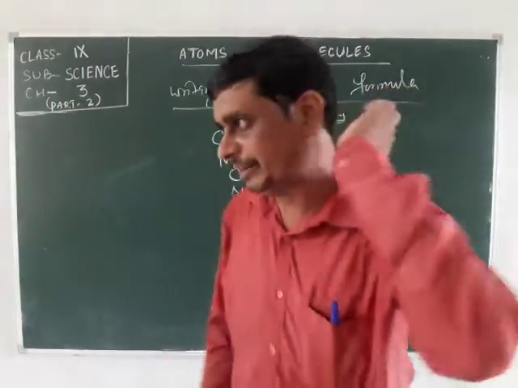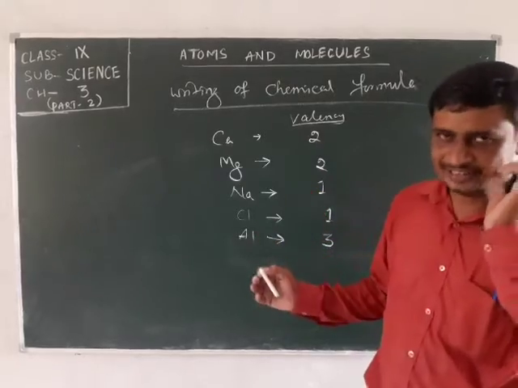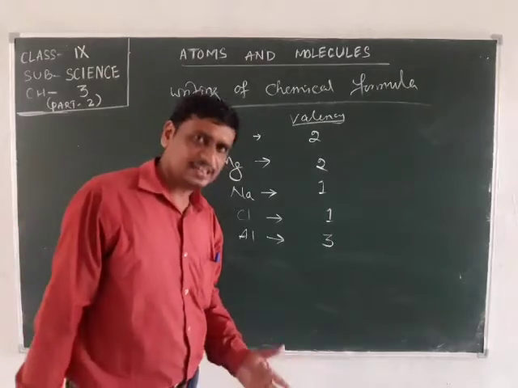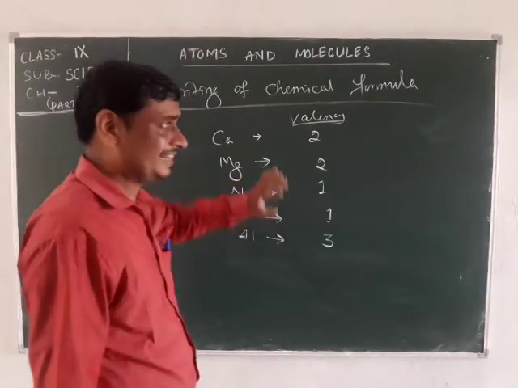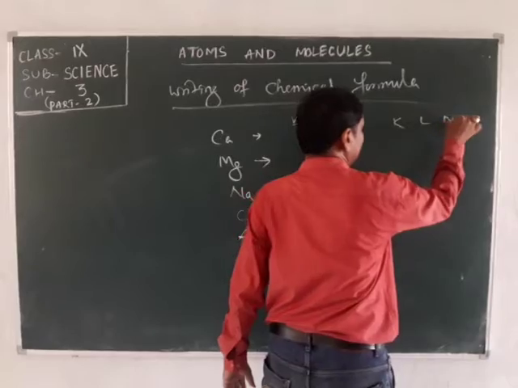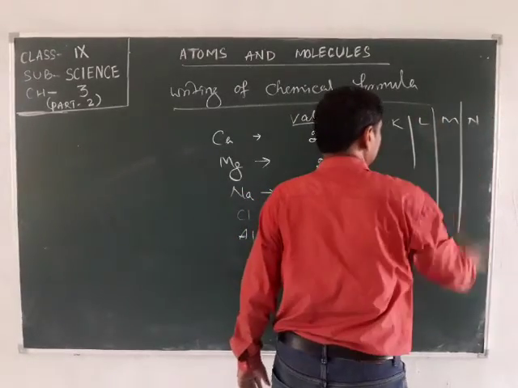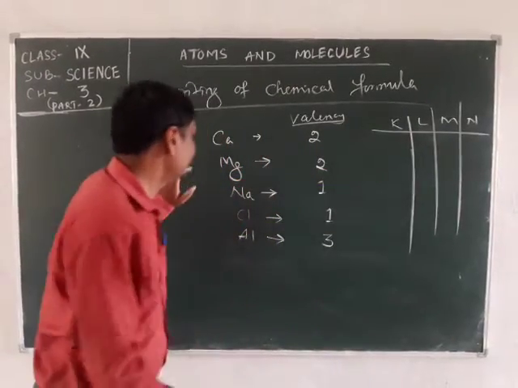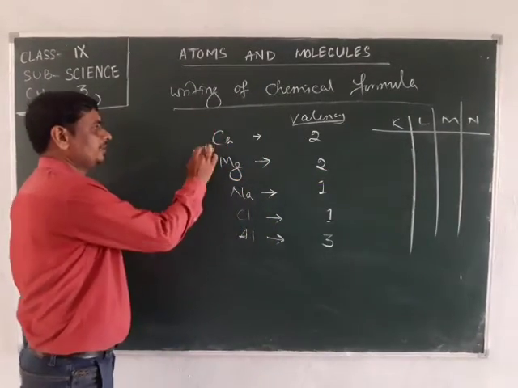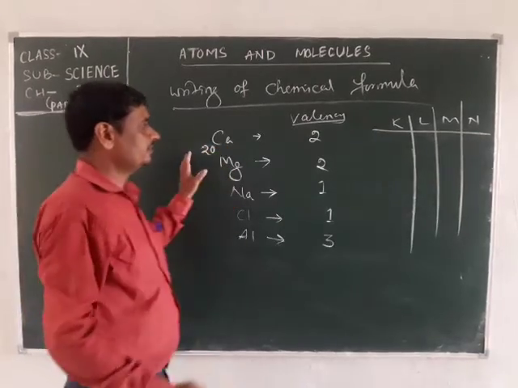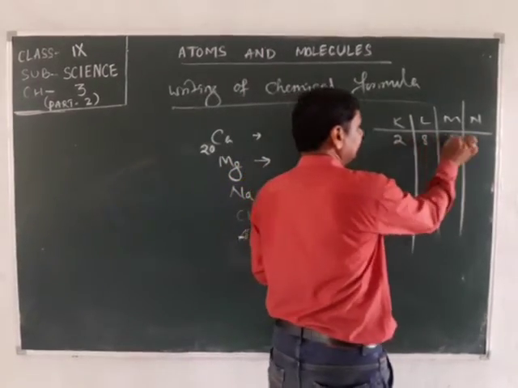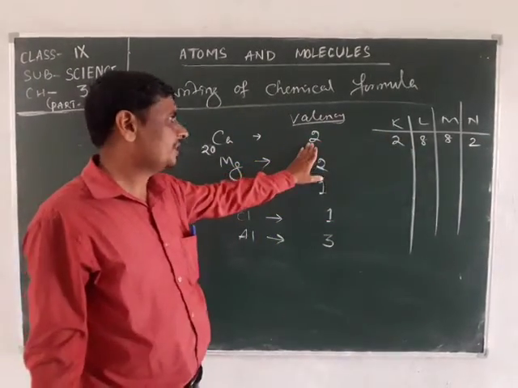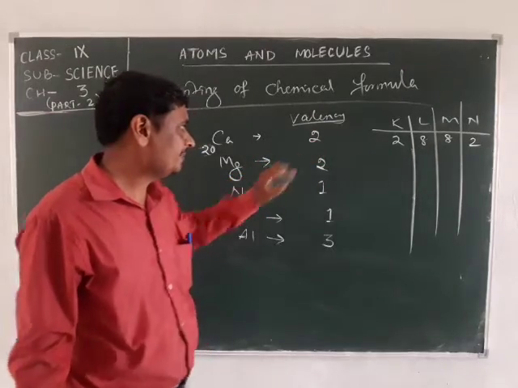How to know the valency? We can obtain the valency of an atom by knowing the electronic configuration. Calcium, having atomic number 20, is 2, 8, 8, 2. The last 2 electrons will be donated, so the combining capacity is 2 and valency becomes 2.